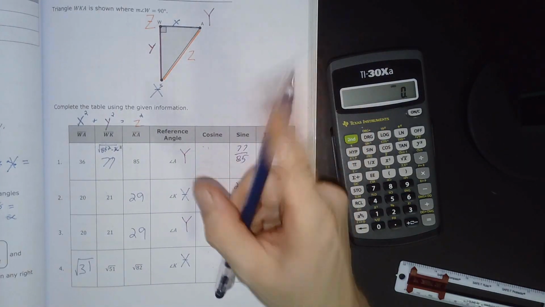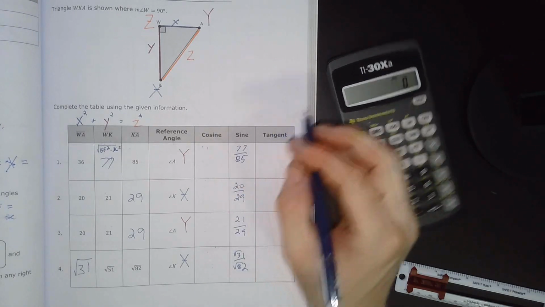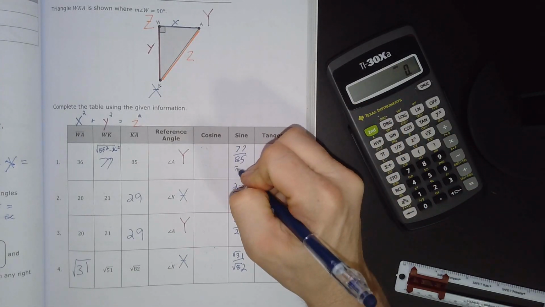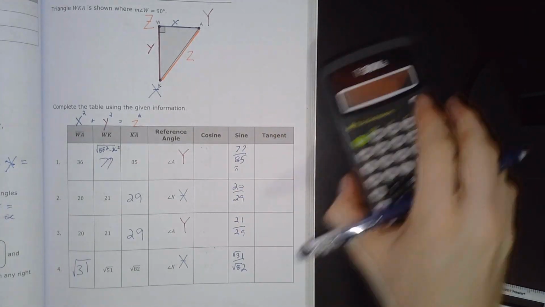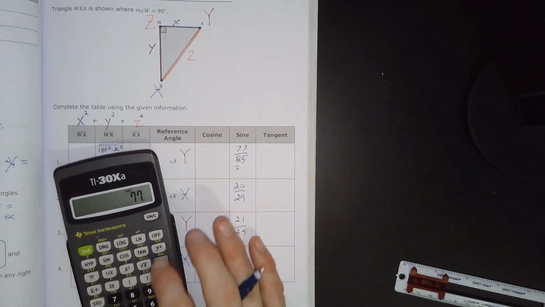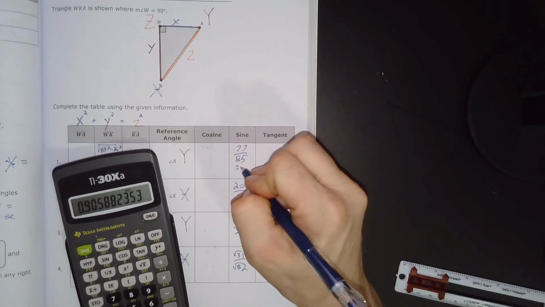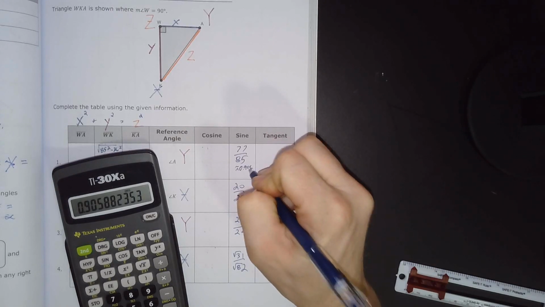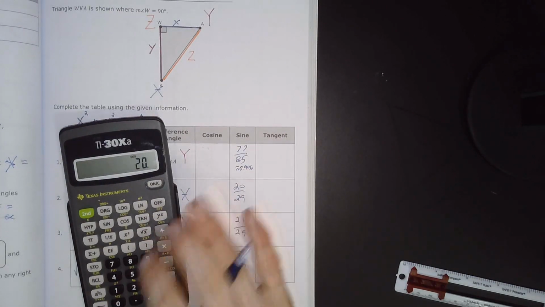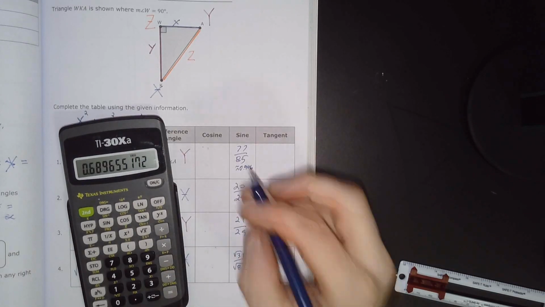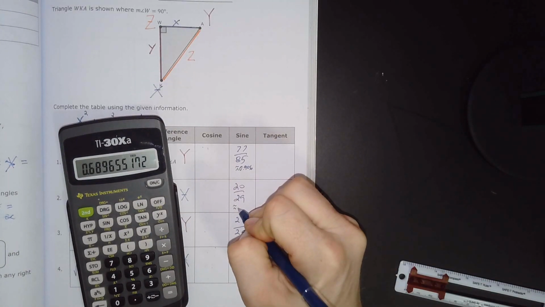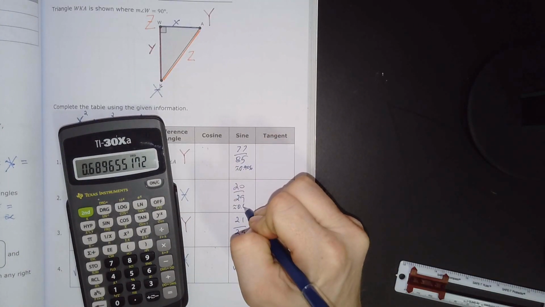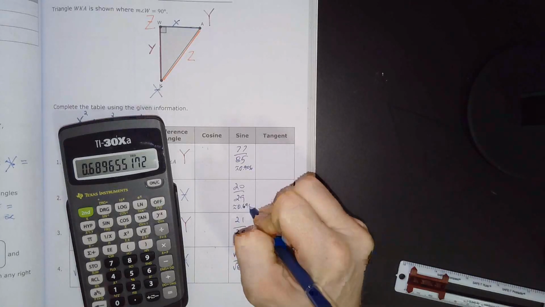Okay. All right. This is approximately 77 divided by 85, 0.906. 20 divided by 29 is approximately 0.690.